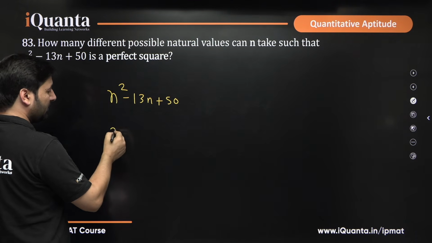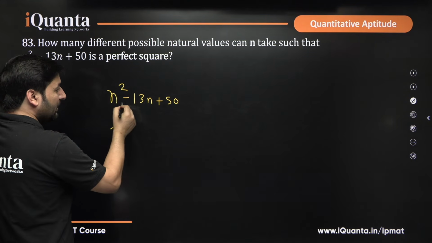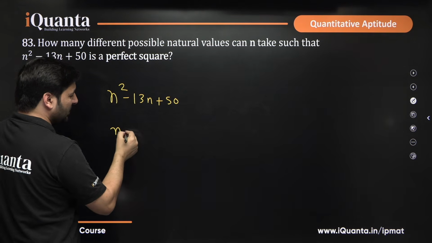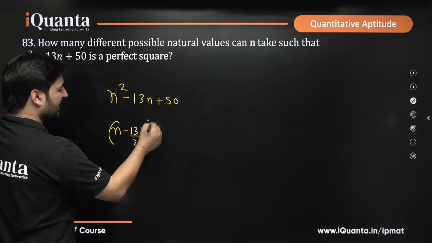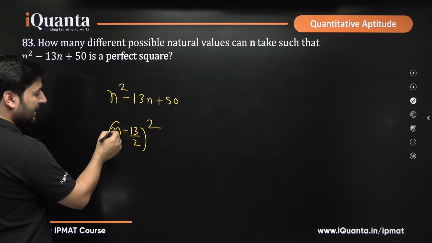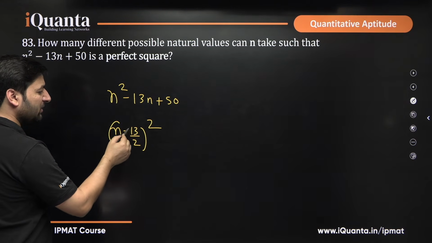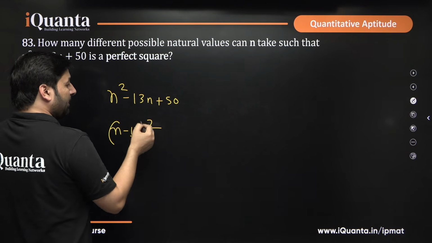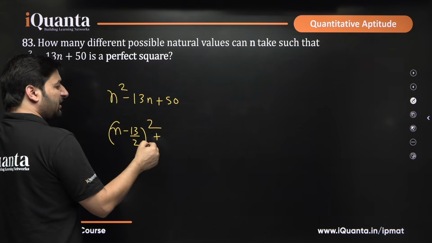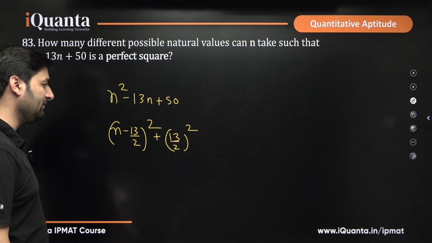See how? N square is needed, so you will definitely write n, then minus of this n is needed, so n minus, you will obviously do 13 by 2 whole square, yes or no? In that case it becomes something like a square, that means n square minus 2ab, so minus 2 into n into 13 by 2, so then it becomes minus 13n, and then plus 13 by 2 square will be something which is extra which will be generated.